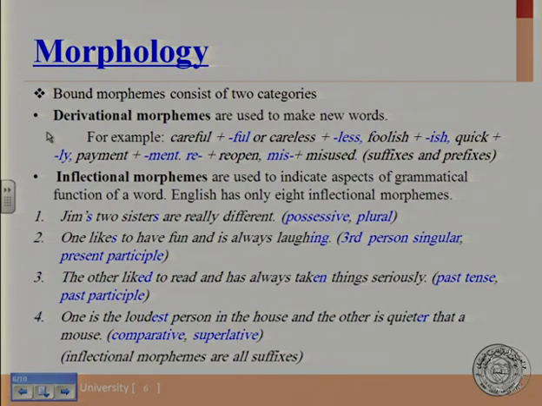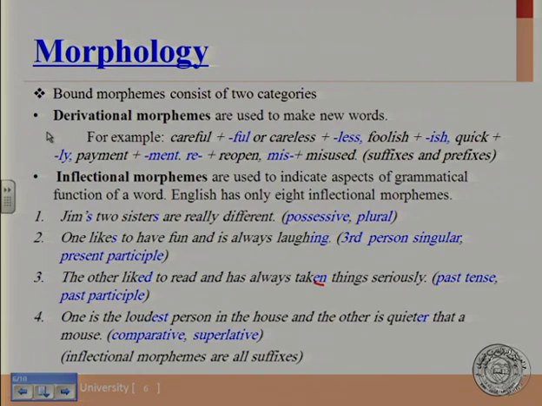Laughing, the ing form, that is a present participle. Next is the ed form, the past tense, as the other liked to read and has always taken things seriously. Taken, the en here is the past participle.